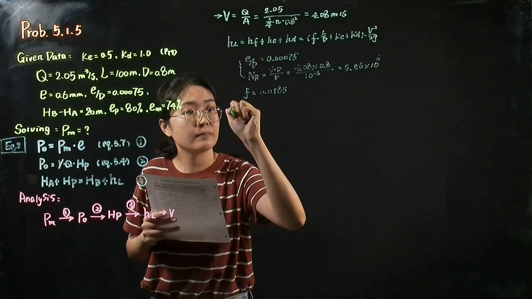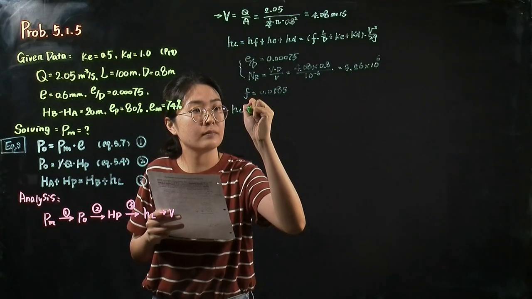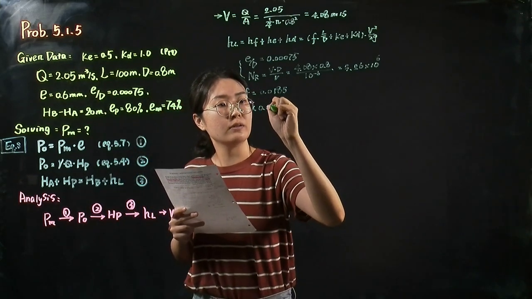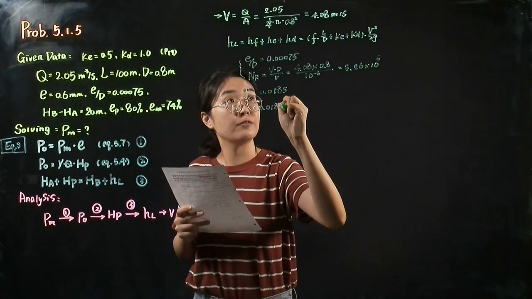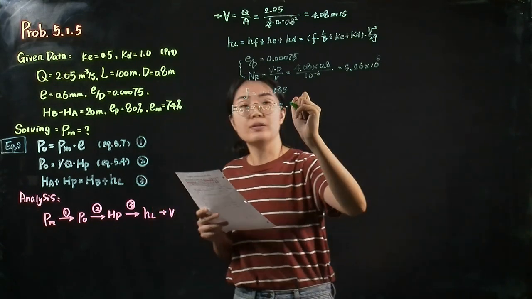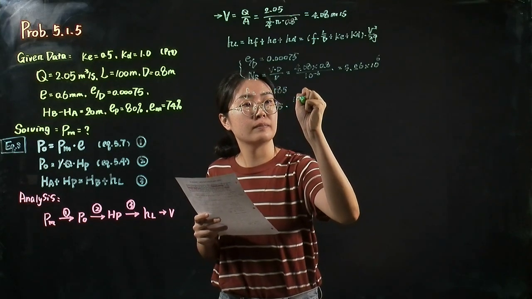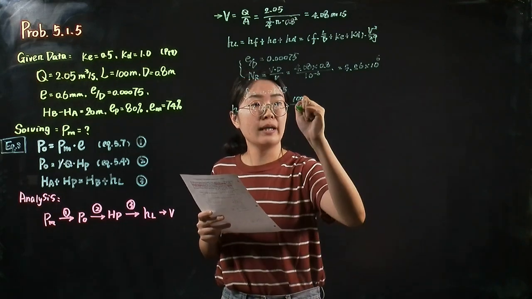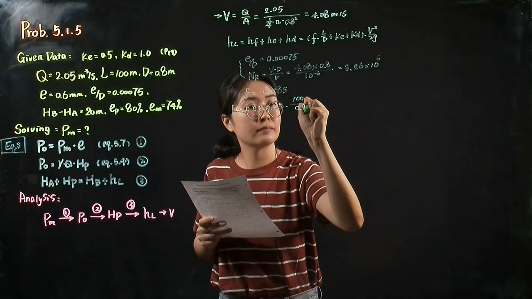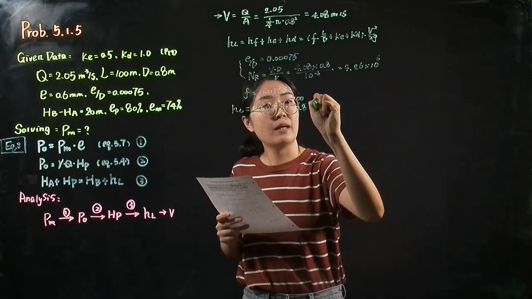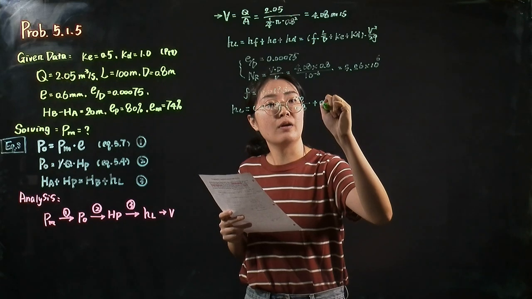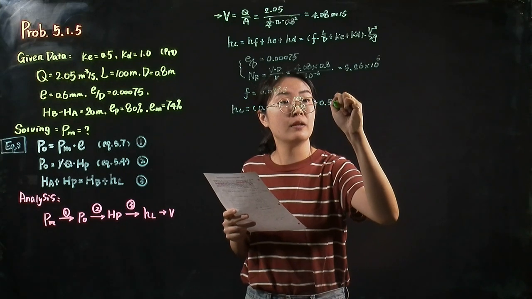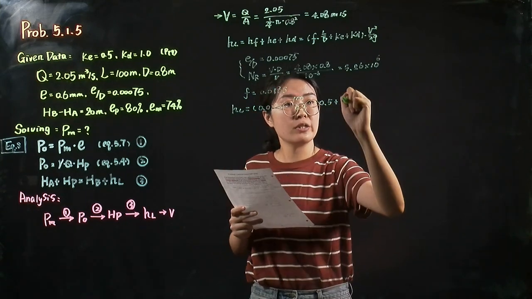The head loss equals 0.0185 times the length, which is 100 meters, over the diameter, which is 0.8, plus the coefficient for the entrance, the square-edged entrance, 0.5, and the coefficient for discharge, 1.